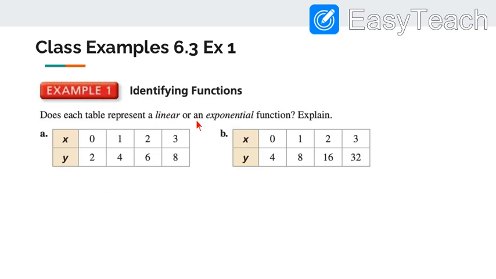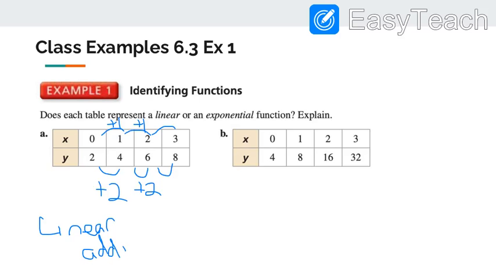Here we're just going to identify whether these are exponential functions or linear functions. So as we look through this, our x values change by 1, and our y values here are all adding by 2. This makes it linear, as it's an adding function, and it's adding the same amount.